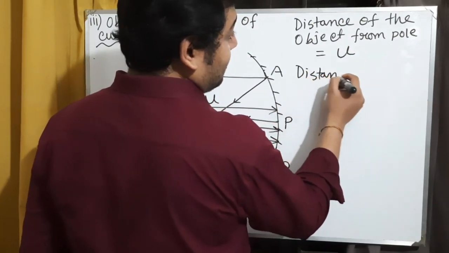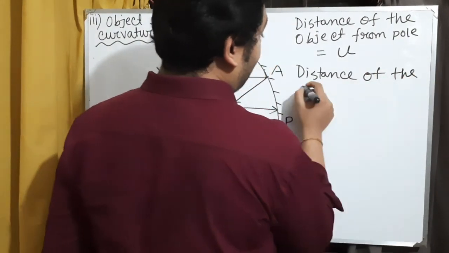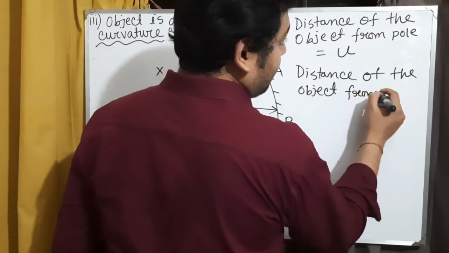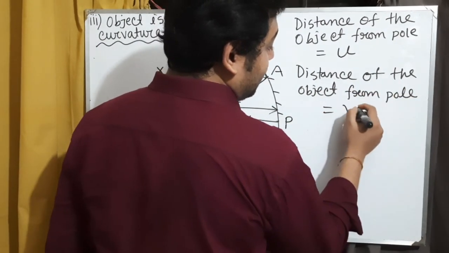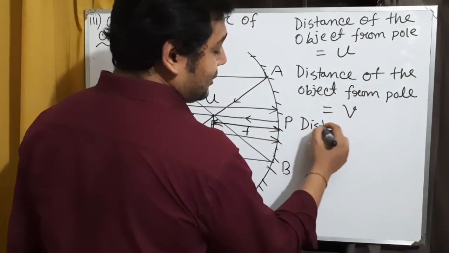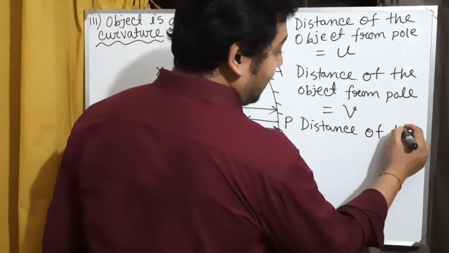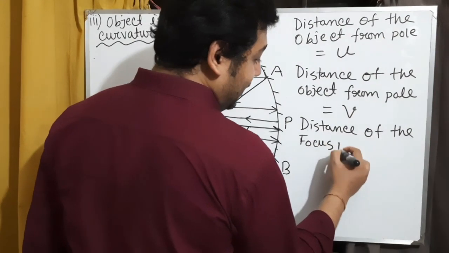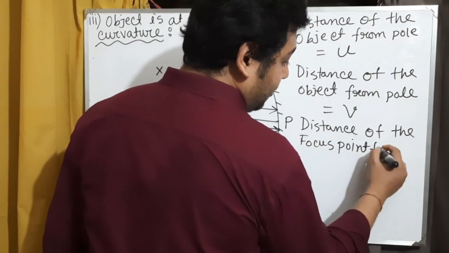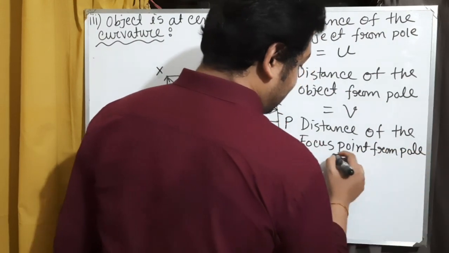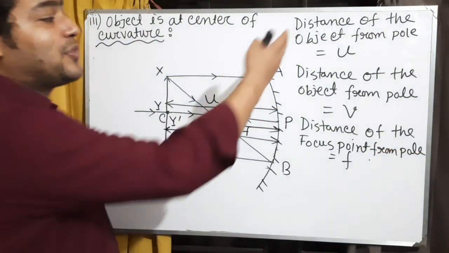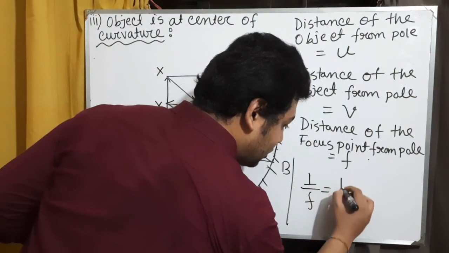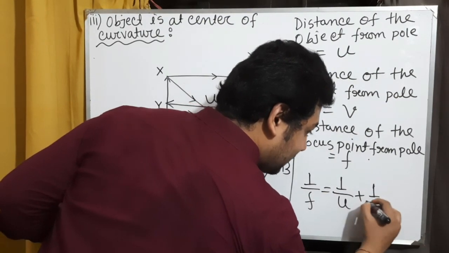The distance of the image from the pole is v, and the distance of the focus point from the pole is f. So the relation between them is 1 by f equals 1 by u plus 1 by v.